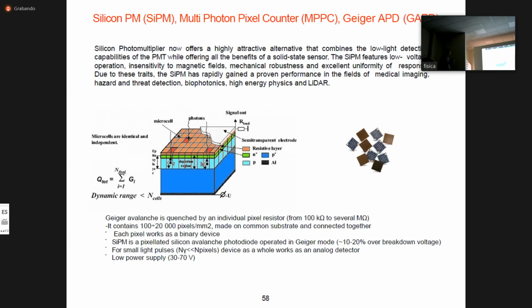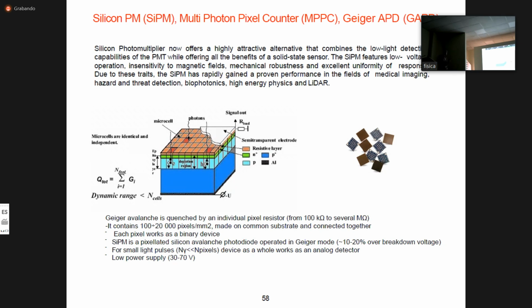Also, one advantage over the photomultiplier tube is that in these silicon materials you don't have to apply a high electric field because the size is very small, several millimeters, and you apply up to 50 volts. If you compare to a PMT, that's 1000 volts, and this allows you to get rid of high voltage systems, for example.